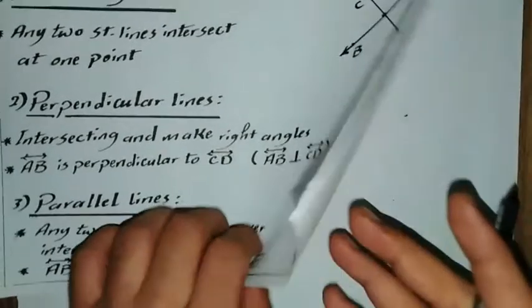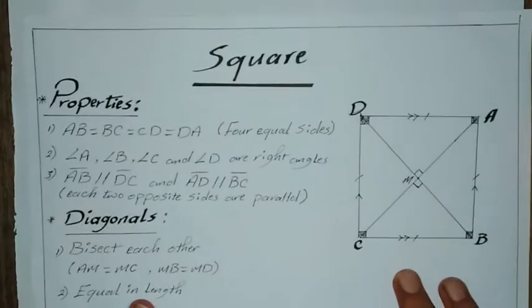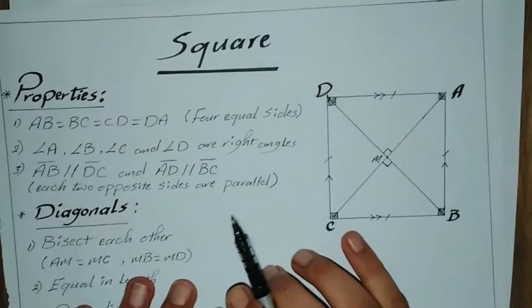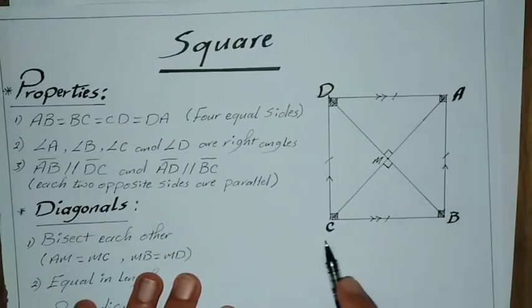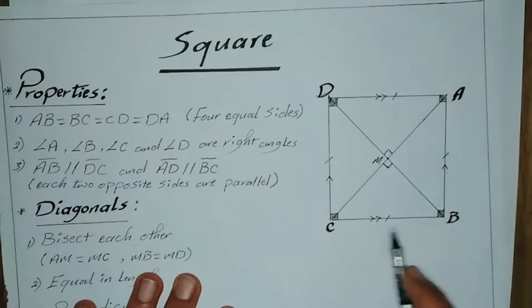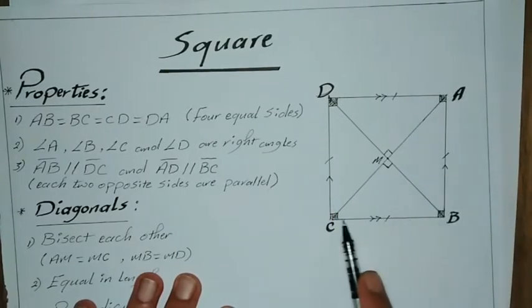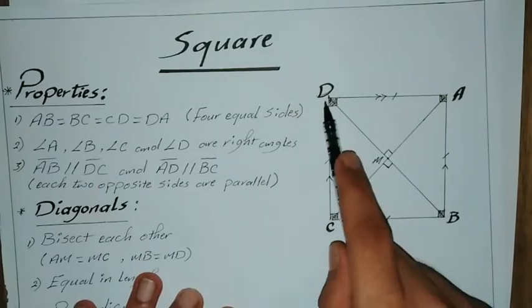Now we will start our lesson. The first quad we will talk about is square. Square has four equal sides: AB equals BC equals CD equals DA.